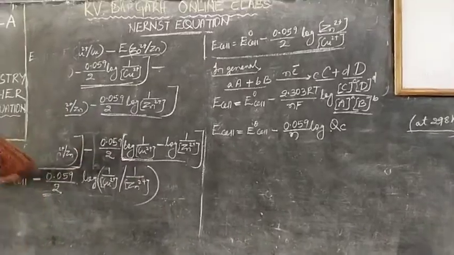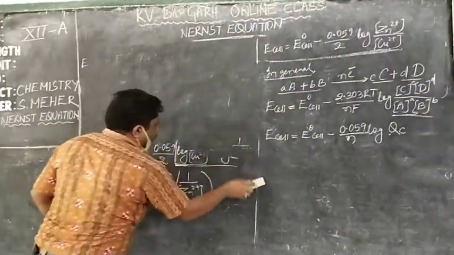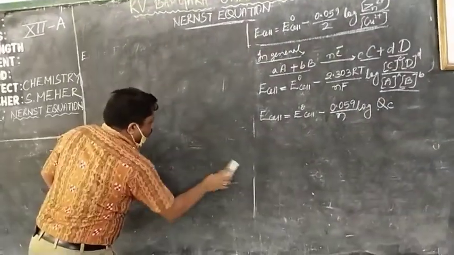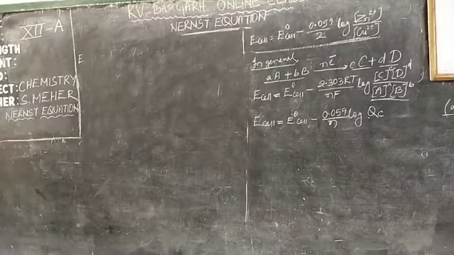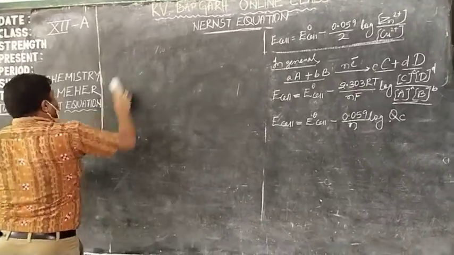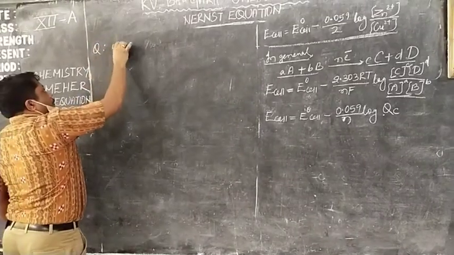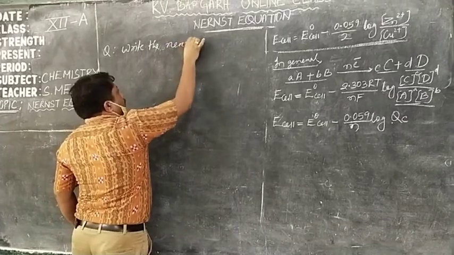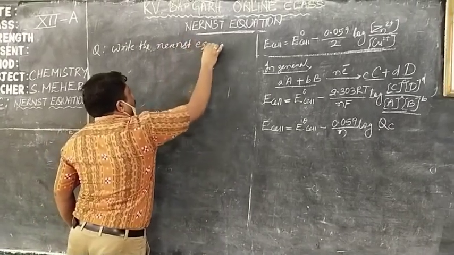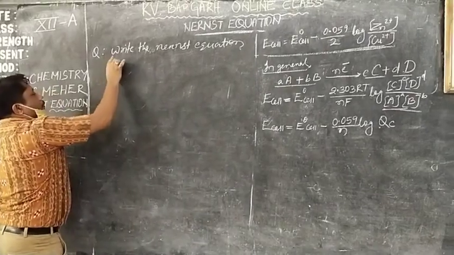to a particular cell so that you can clearly understand the concept. Now I am going to write the Nernst equation for a cell. A question may come: write the Nernst equation for the following cell.